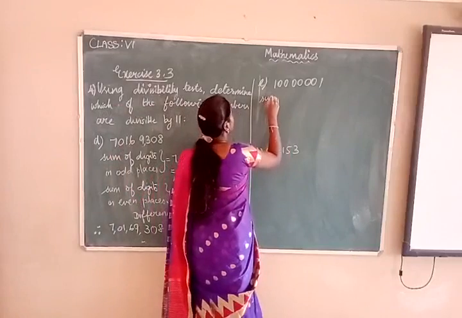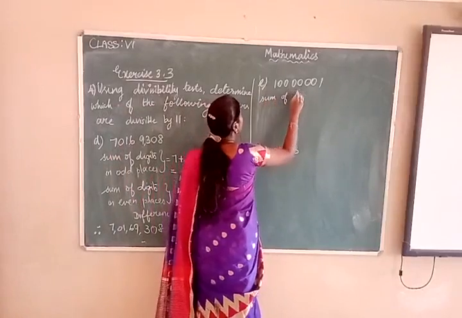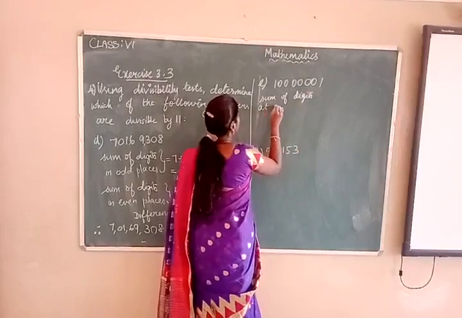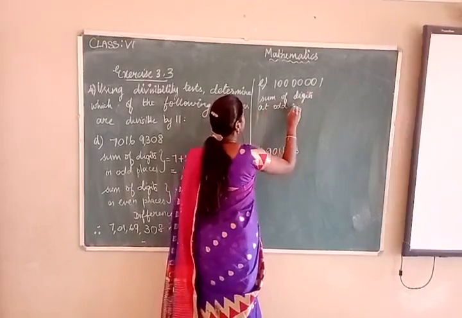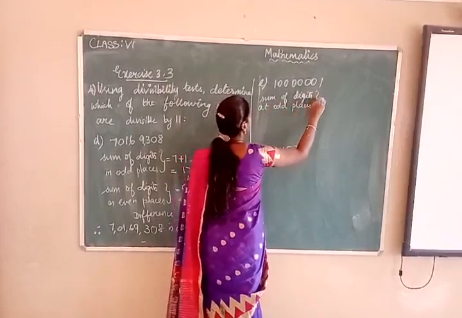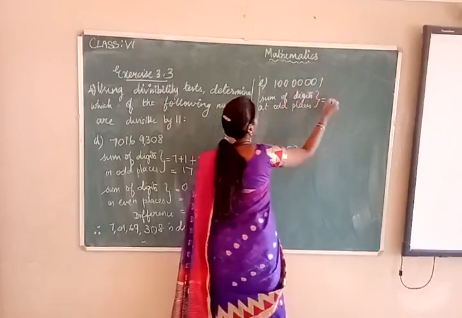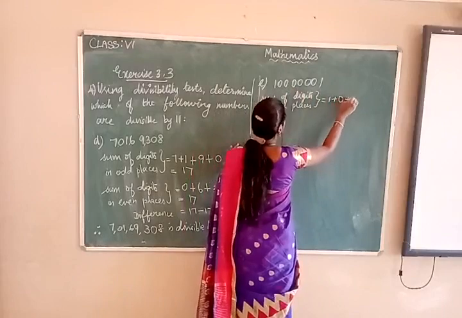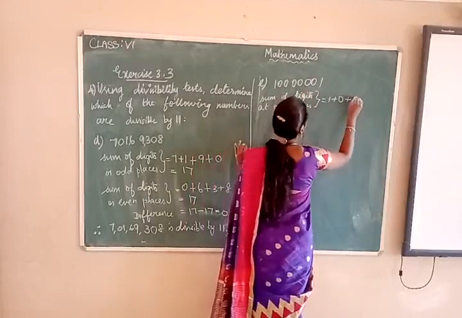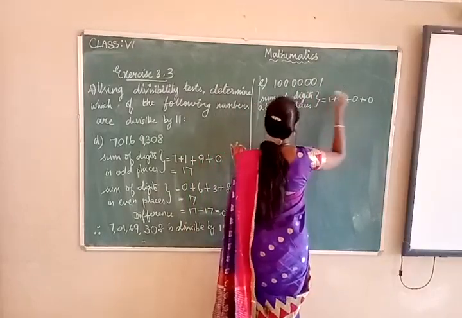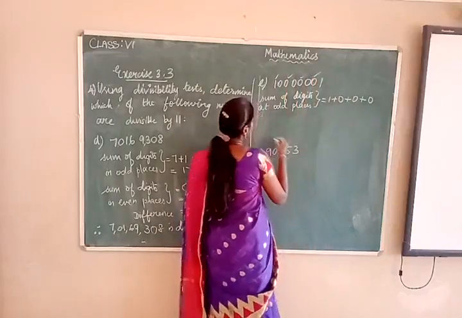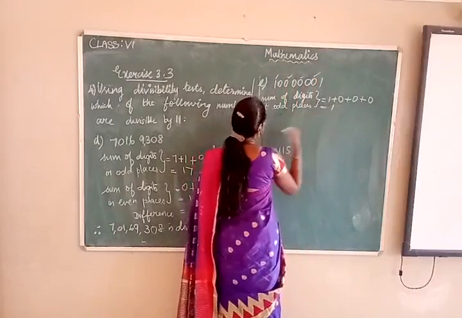Sum of digits at odd places. What you have? 1 plus 0 plus 0 plus 0. What is that? Again 1.